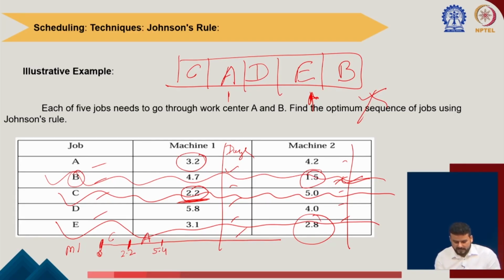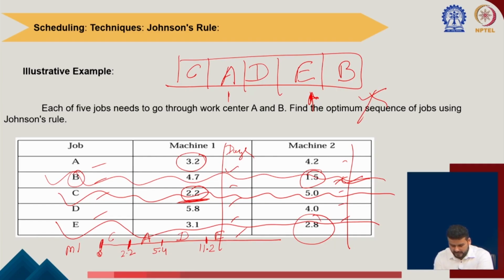Then the next job in the sequence is D. How many days does D require? 5.8. So if I add 5.8 to 5.4, the total will be 11.2. The next job in the sequence will be E. How many days does E require? 3.1.